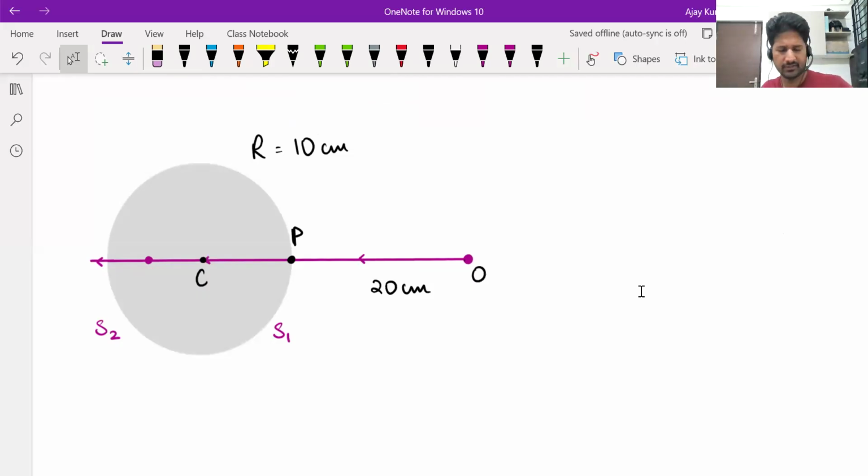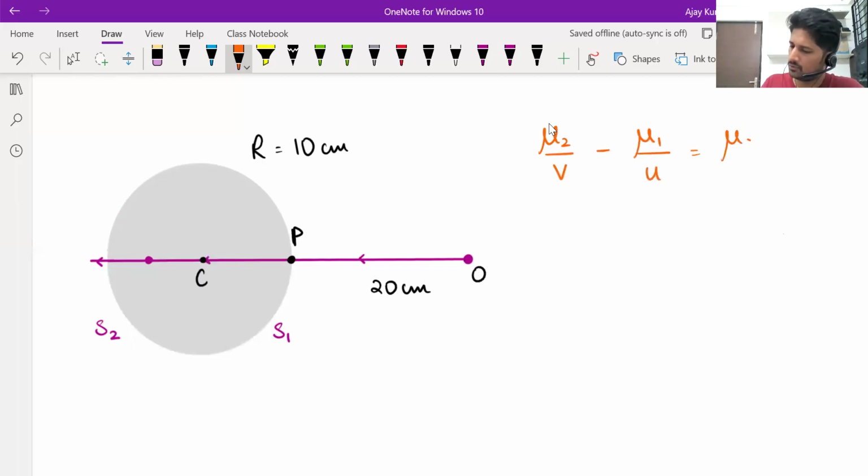Rishi, tell me the spherical surface refraction formula. Okay, derive it once and memorize. It is mu2 divided by v minus mu1 divided by u is equal to mu2 minus mu1 divided by r, the radius of curvature.